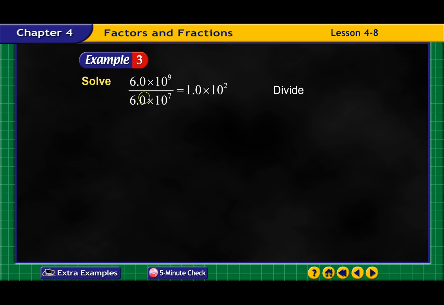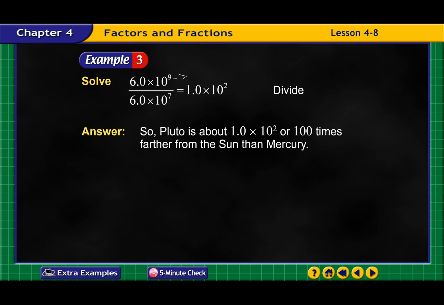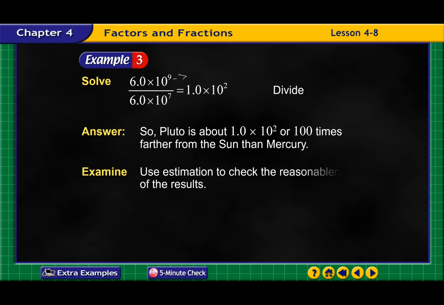All right, so we put those on top of each other and use what we already know. We already know 6 divided by 6 is going to be 1. And 10 to the 9th over 10 to the 7th is 10 to the 9 minus 7, which would come out to 10 to the 2nd. So Pluto is about 1 times 10 to the 2nd times, or we could say 100 times farther from the sun than Mercury. So estimation to check the reasonableness.